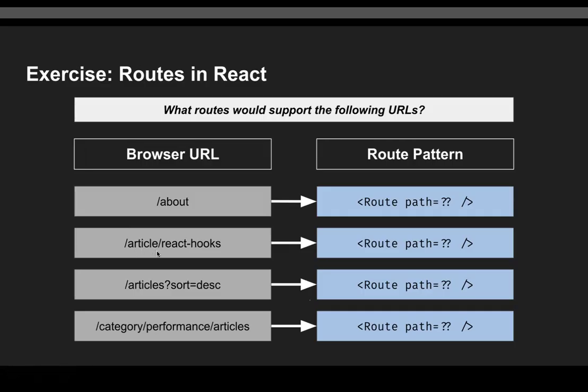Yes, almost. I'm missing one piece in there: /article/:ID. Yes, that's right. The article here is static. So, yep, /article/:ID. All right. Next one, /articles with this query parameter.